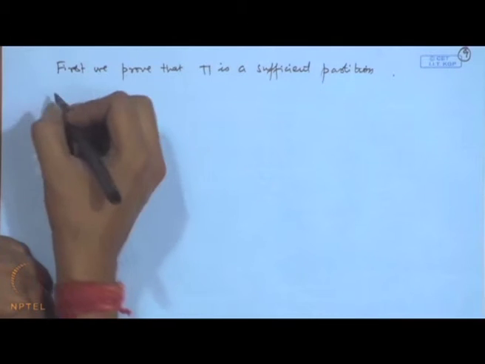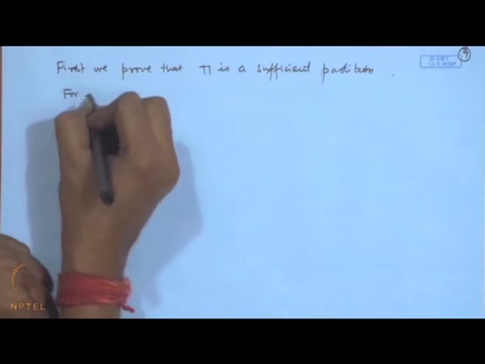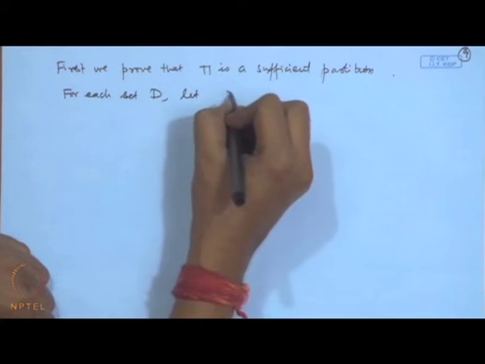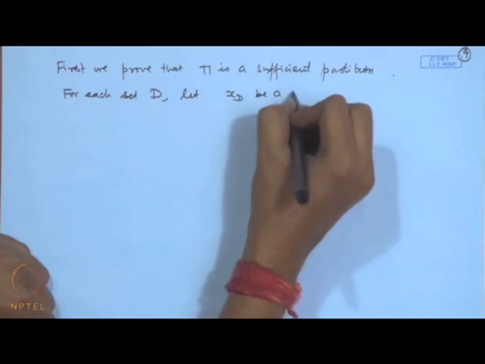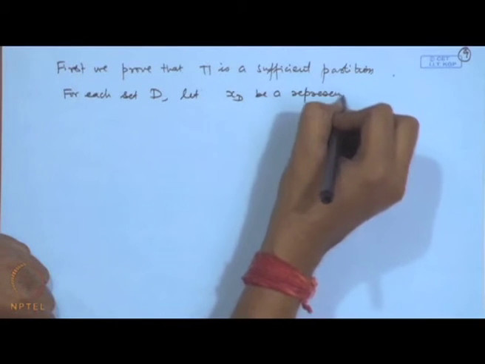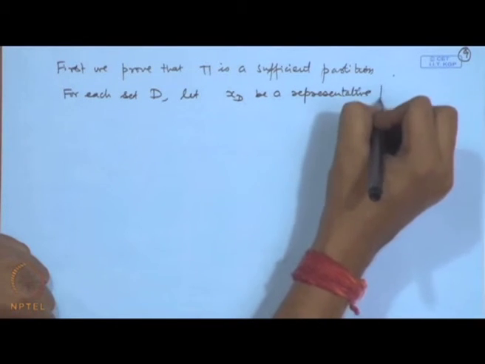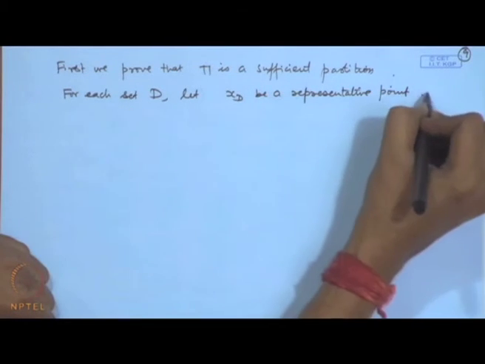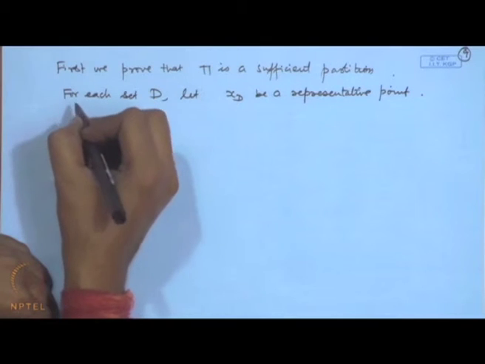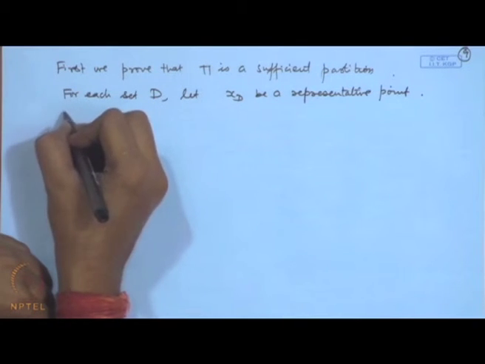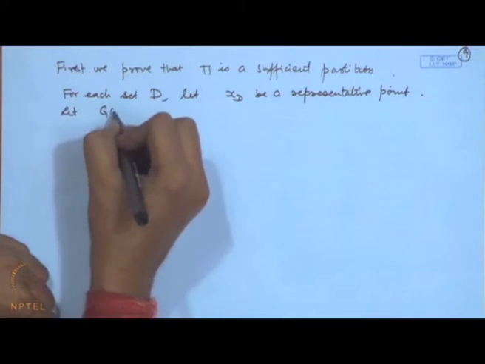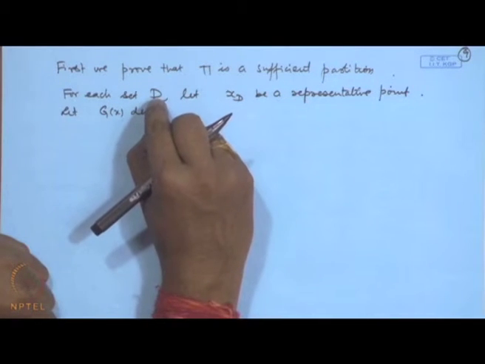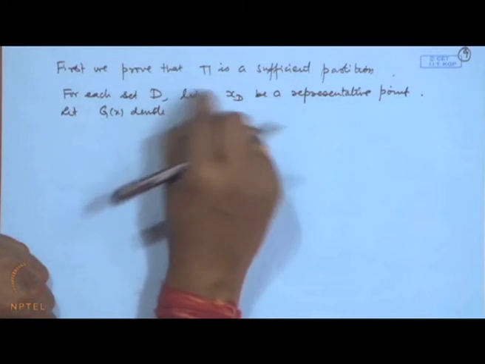Now, let us consider, for each set D, let x_D be a representative point. Now, let G(x) denote this association, that means from D to x_D we are having a mapping.